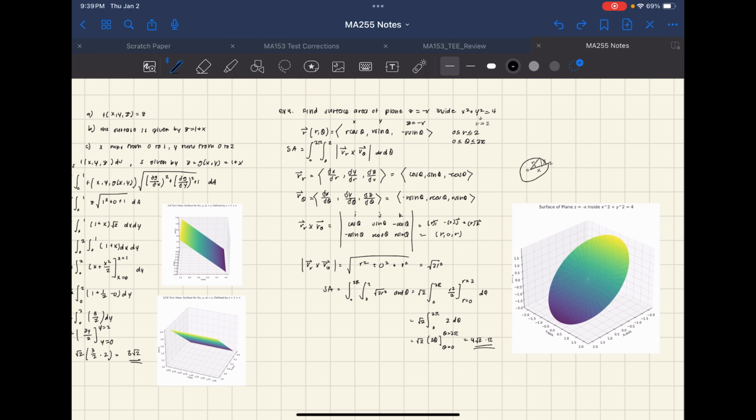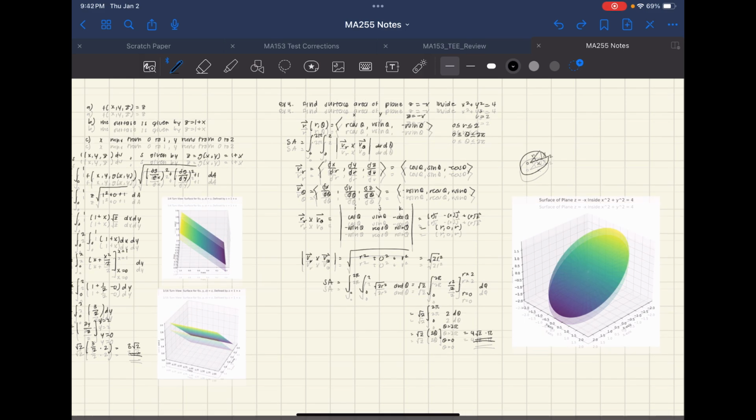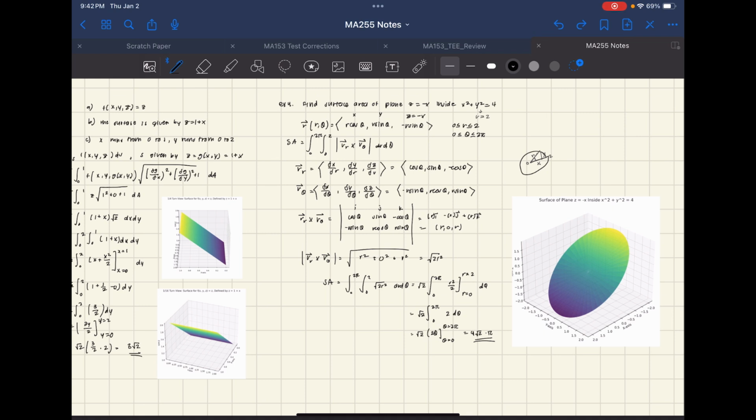The cylinder x squared plus y squared is equal to 4, where the radius of the circle in the xy plane is 2. And so we have the circular base, x squared plus y squared is equal to 4 projected onto the slanted plane, z is equal to negative x, which creates the surface to be analyzed for its area. Okay, I keep cutting out, but that's the last example that I have.